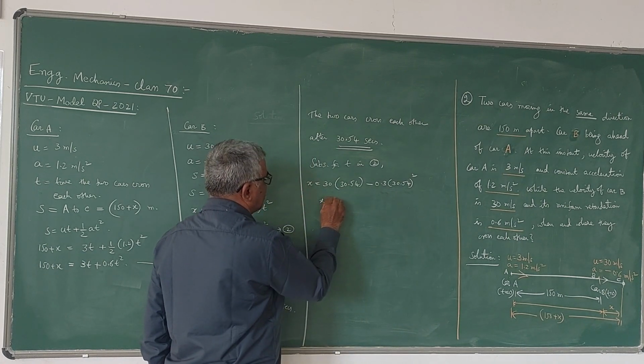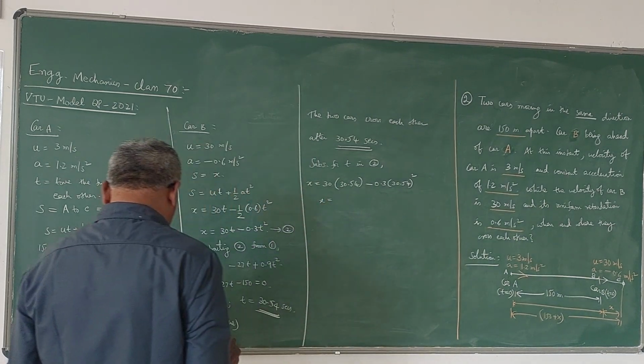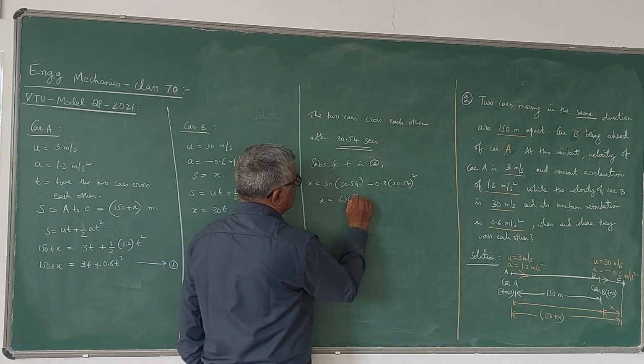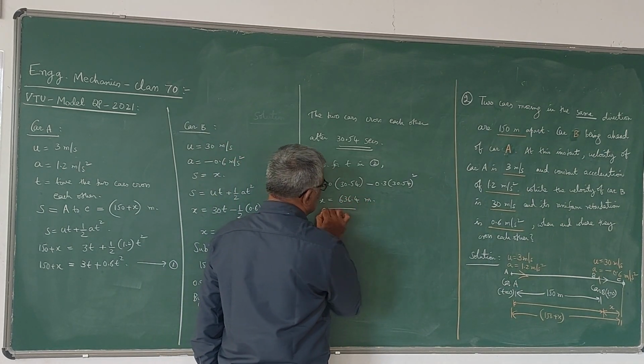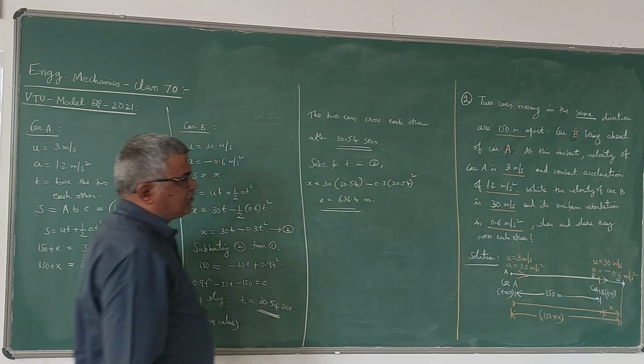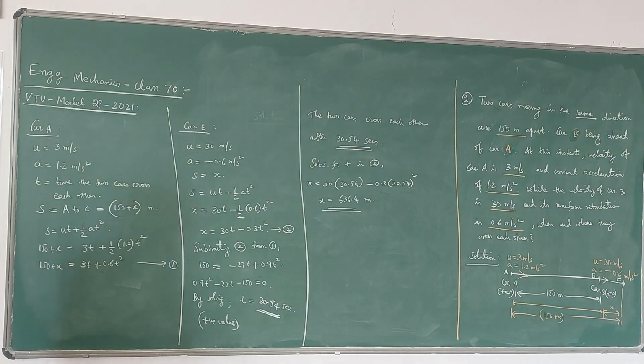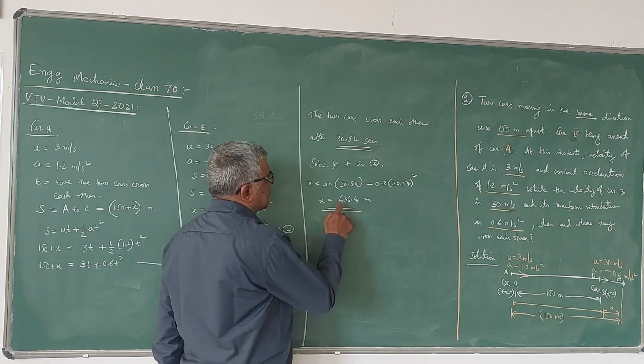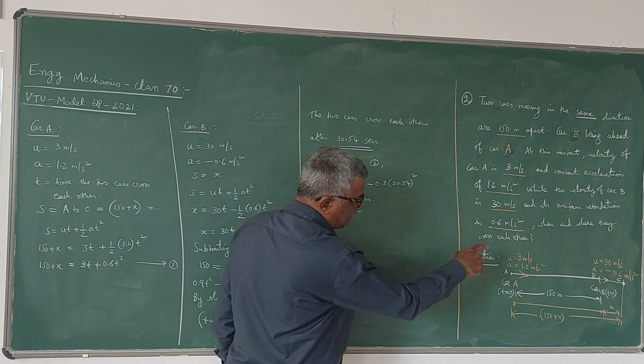If you simplify this, you are going to get x as 636.4 meters. Please check the values. So that means the two cars will meet at a distance of 636.4 meters from the initial position of car B.